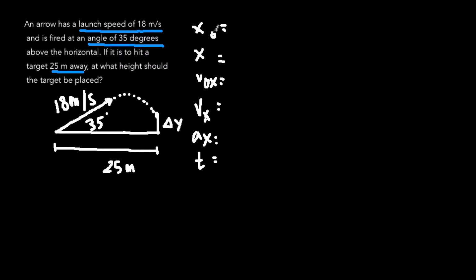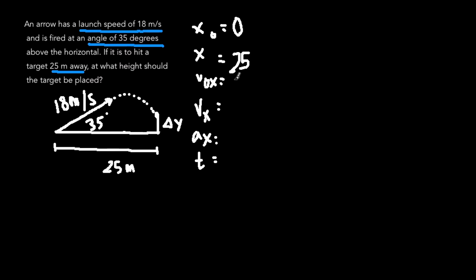The initial position along the x-axis, we're just going to say is 0, and it travels 25 meters. So already what we're saying here is that from this half to this half is movement in the positive direction, meaning all of the other variables have to follow true to that.